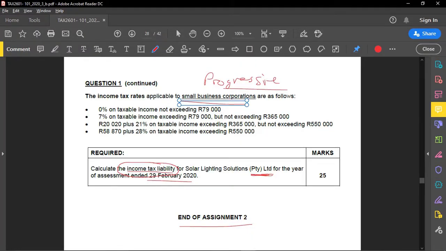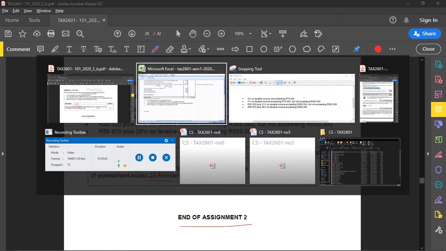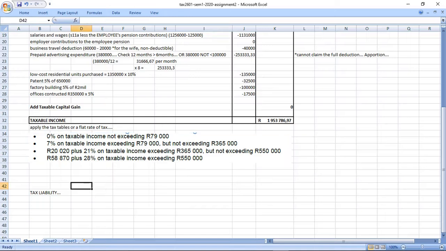That's what they wanted you to calculate. That's important. Because this is an SBC, you're obviously going to work out the tax based on a sliding scale. So if I'm looking at the sliding scale, where am I? I'm at the last point there.